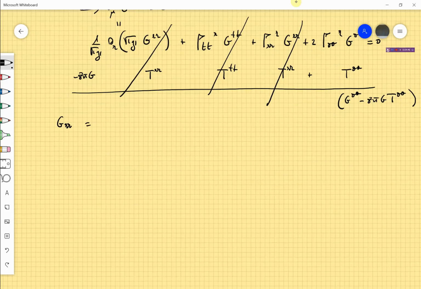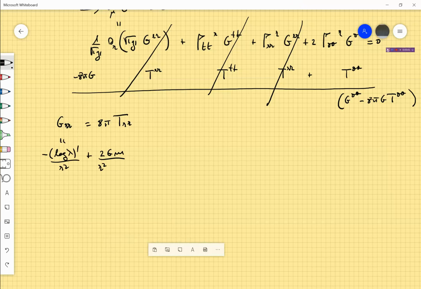I am going to write this now. TRR. Well, this we just wrote it. Tm divided by r squared (r minus 2gm), small m.